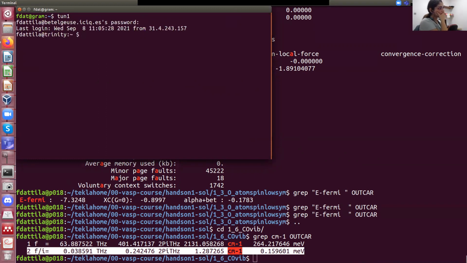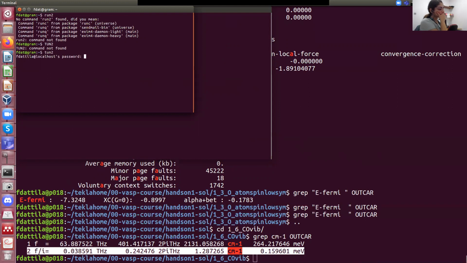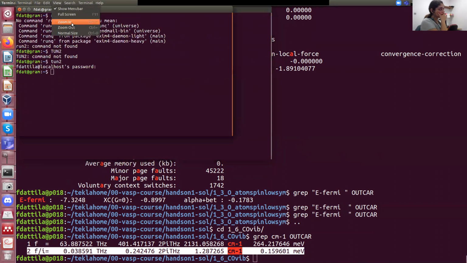Now, since I want to open things with Python for VASP, I need to mount Tekla home locally. So I mount it locally, then I zoom in.